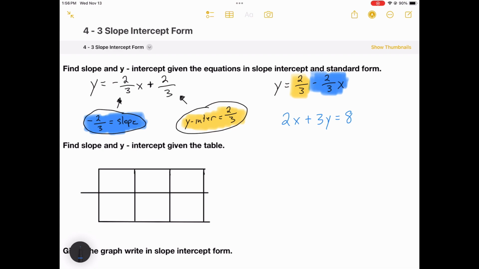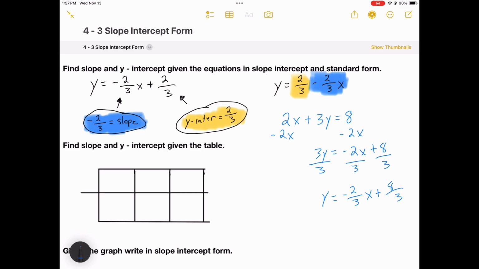Here, in order to find the y-intercept and the slope, you need to convert it into y-intercept form, or slope-intercept form. I apologize. So here, what I'm going to do is I'm going to solve for my y so I can turn it into slope-intercept form. We've done this many times already. And divide by 3, divide by 3, divide by 3. Y equals -2/3 x plus 8/3.